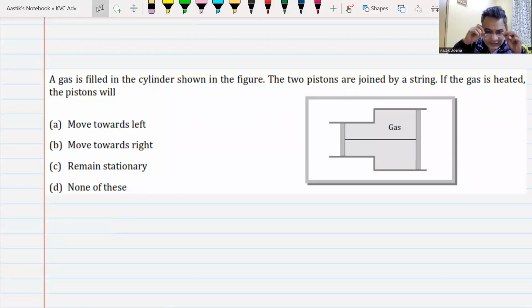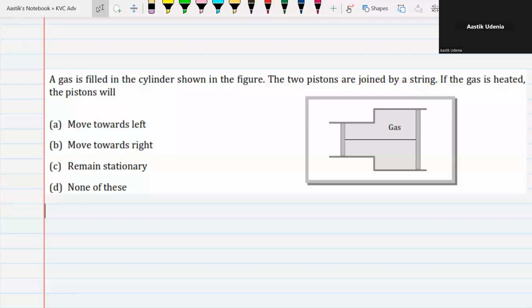A gas is filled in the cylinder shown in the figure. The two pistons are joined by a string. If the gas is heated, where will the piston move? Towards left, towards right, remain stationary, none of these. So what will happen here?